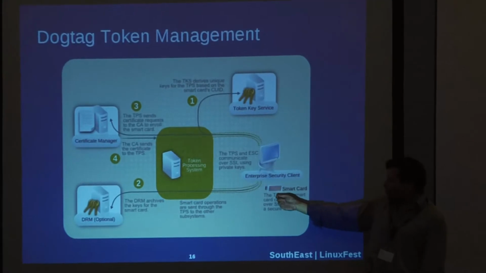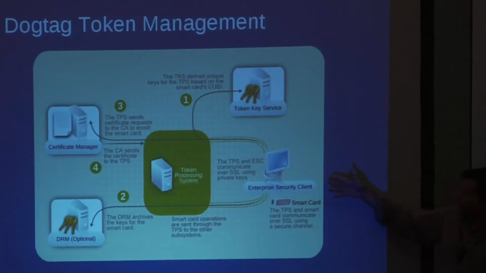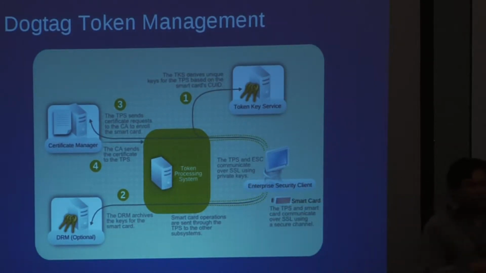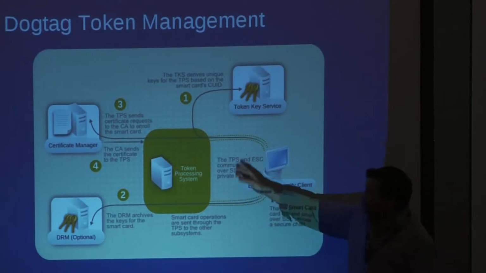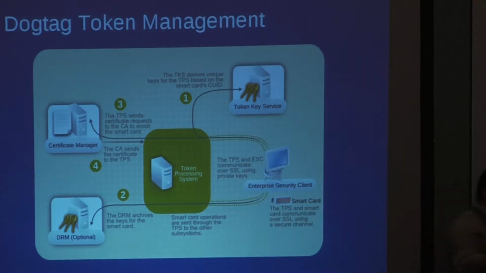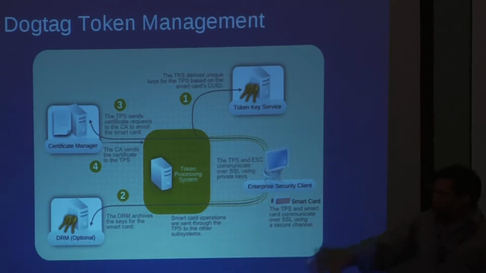But essentially, you put your smart card in, and it starts to communicate with the TPS. You put in some credentials. At that point, the TPS sends the request to the certificate manager, which enrolls you, gets the request, and then issues the certs. The certs come back and get placed onto the smart card.